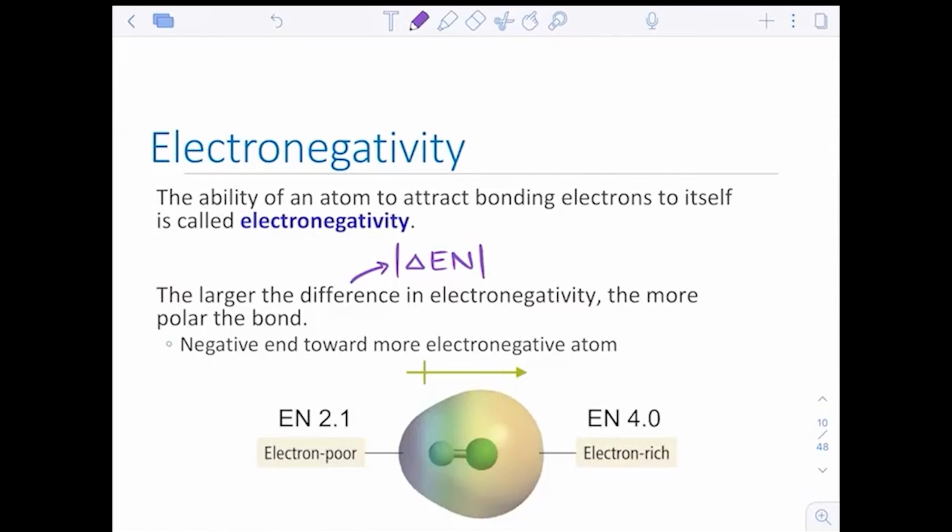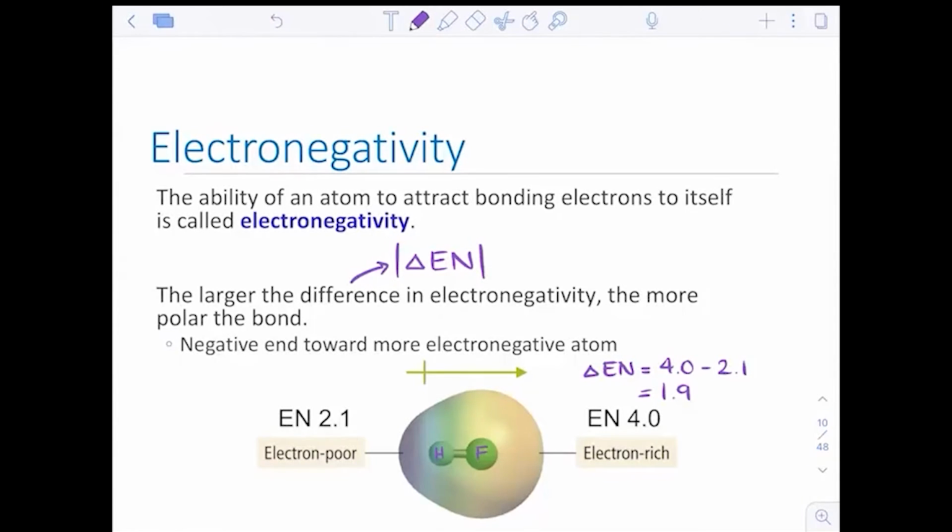So we can look at this. This would be between H and F, the molecule that Linus Pauling was looking at. The electronegativity of fluorine is 4.0. The electronegativity of hydrogen is 2.1. So that change in electronegativity, 4.0 minus 2.1, again, biggest minus the smallest, 1.9.